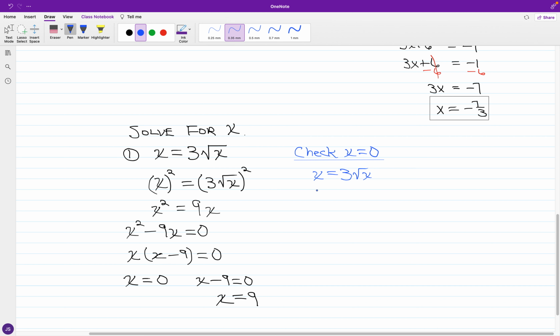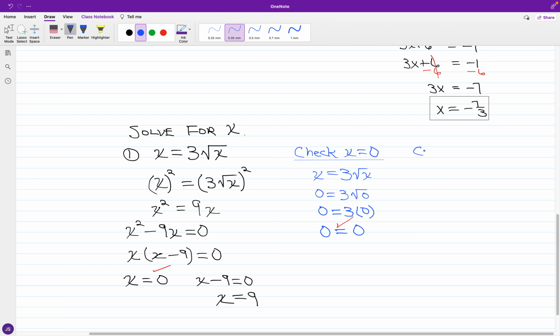And with x at 0, 0 is equal to 3 times the square root of 0. Square root of 0 is going to be 0. And 3 times 0 is 0, and we got 0 equal to itself. So we have consistency, so 0 works.